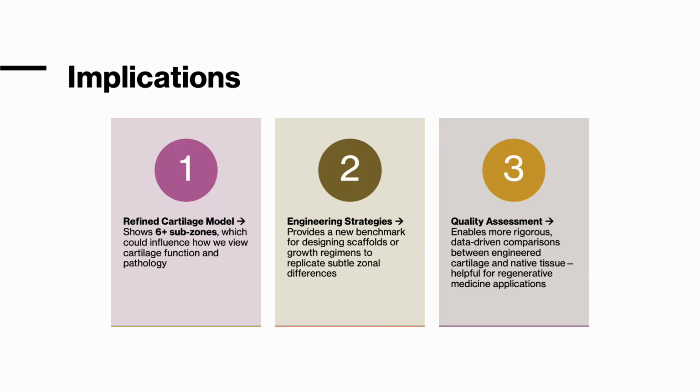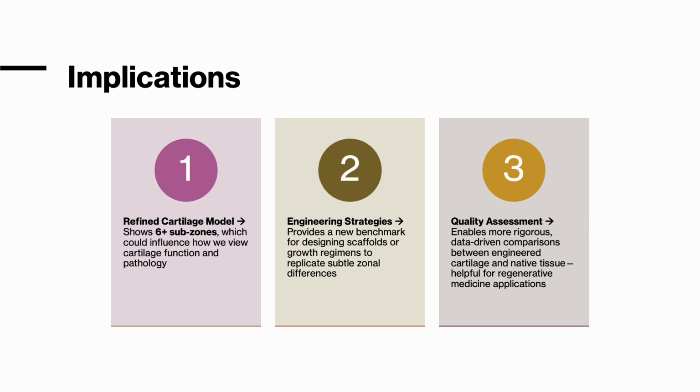There are a couple key implications that arise from these results for both basic cartilage biology and regenerative strategies. First, identifying 6 or more sublayers in a single cross-section forces us to think more carefully about how each region contributes to shock absorption and shear resistance, rather than assuming one large middle zone.